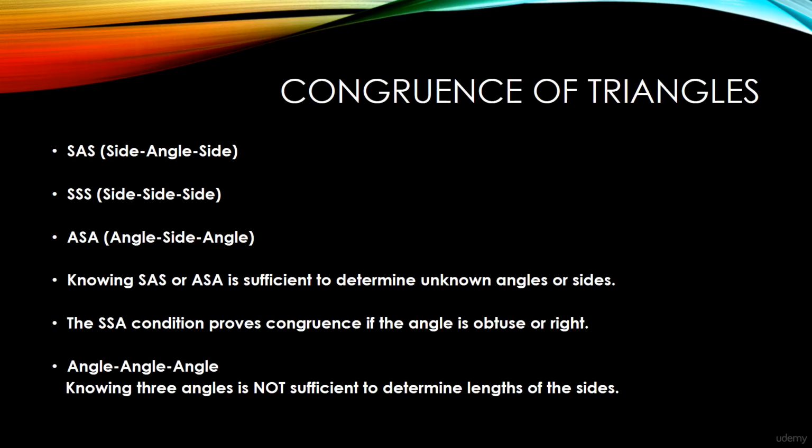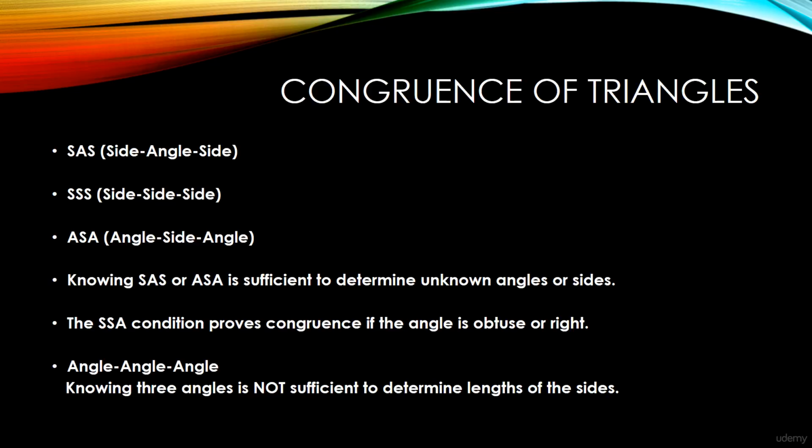The SSA condition proves congruence if the angle is obtuse or right. In the case of the right angle, also known as the hypotenuse leg, HL condition or the RHS condition, we can calculate the third side and fall back on SSS. To establish congruence, it is also necessary to check that the equal angles are opposite equal sides.